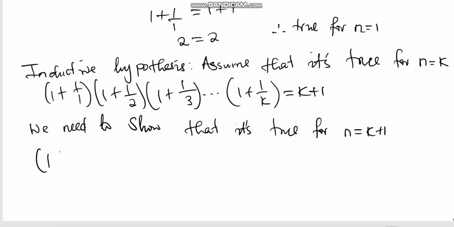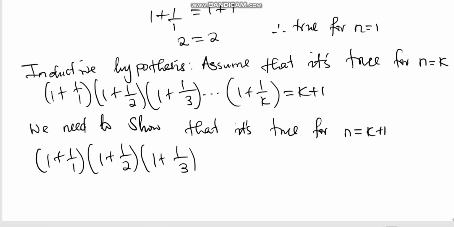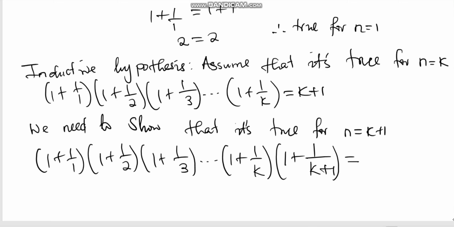So you have 1 plus 1 over 1, 1 plus 1 over 2, 1 plus 1 over 3 here, and we have 1 plus 1 over k. And also we put a new term now where we're going to say k plus 1, so meaning that here we're going to have 1 plus 1 over k plus 1 being equal to k plus 1 like this here.